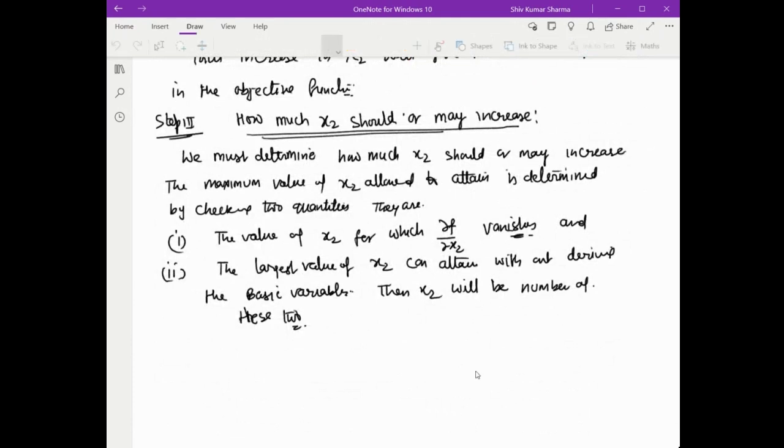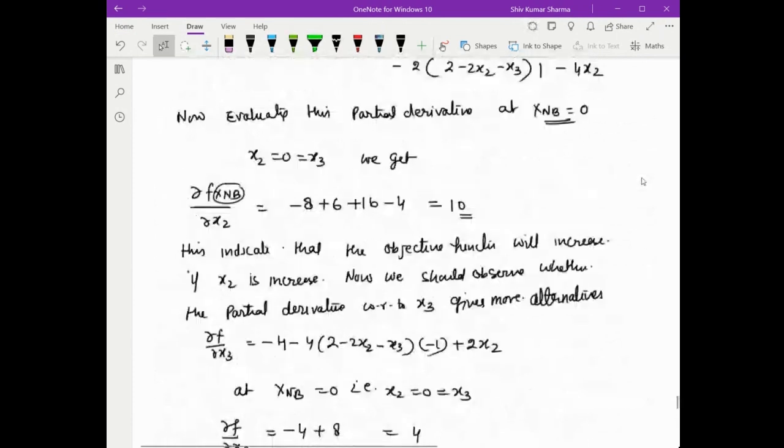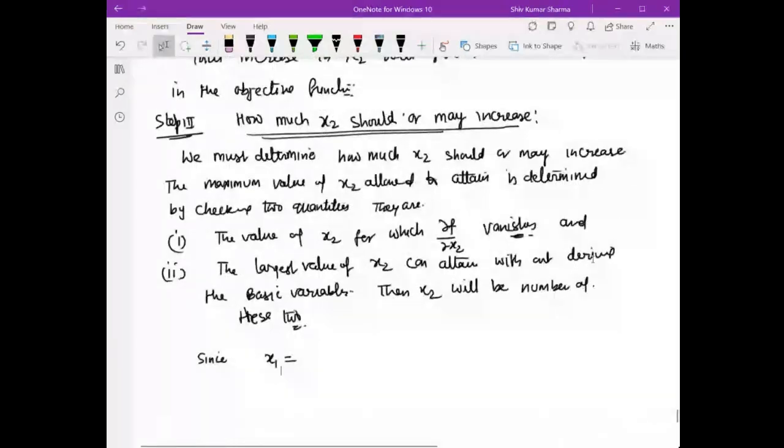So now we write, since x1, what is the value of x1? x1 is 2 minus 2x2 minus x3. And suppose we put x3 equal to 0.